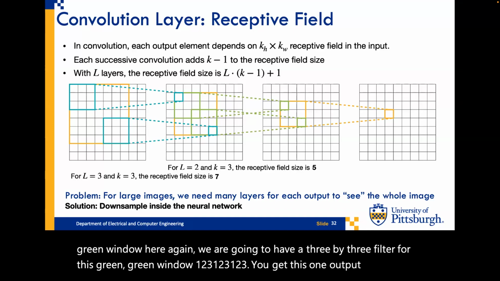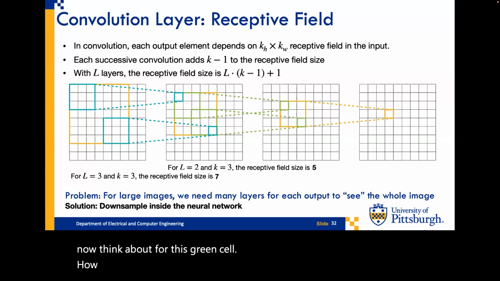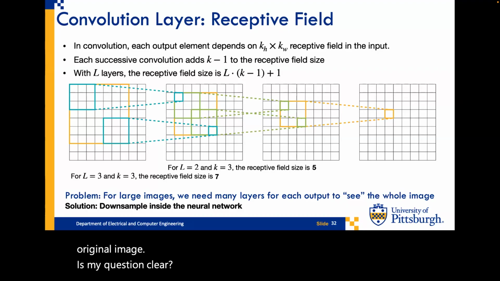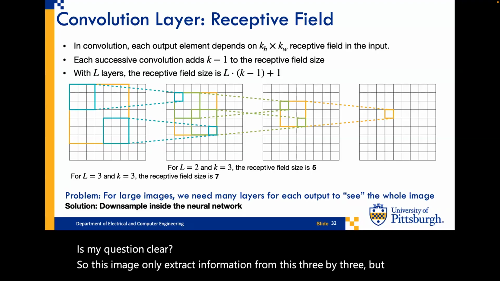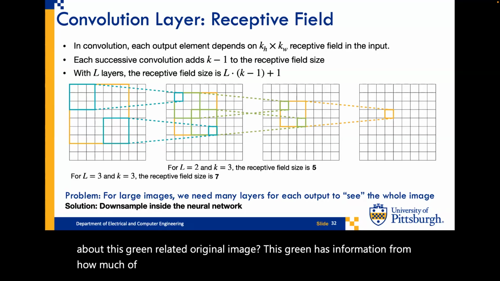Now think about this green cell: how many cells of information is it extracting from the original image? Is my question clear? This cell only extracts information from this 3x3. But what about this green one? Related to the original image, how much of the original image does this green cell have information from?